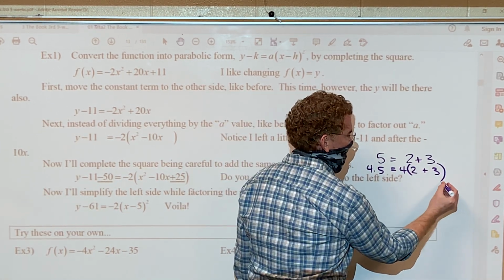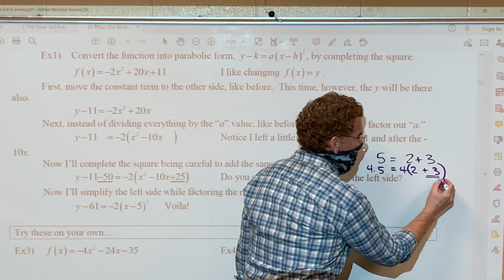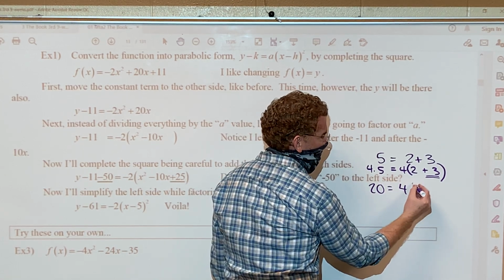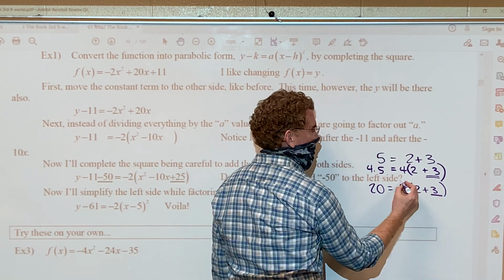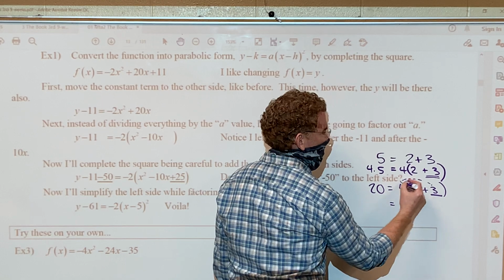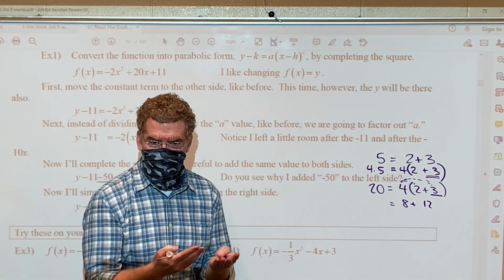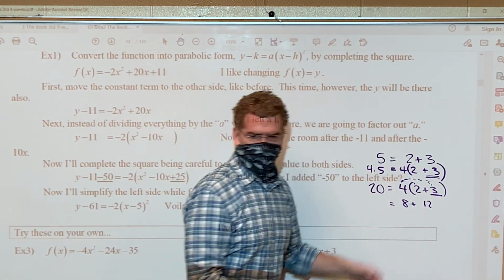No. Now, right here, it looks like I'm adding 3 there, but am I really? If I simplify this, this is really not 3, it's 4 times 3, isn't it? 4 times 2, 4 times 3. So a 3 added inside of a parentheses isn't adding 3 to that side, it just depends on what's out front.